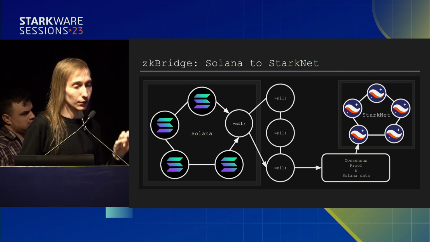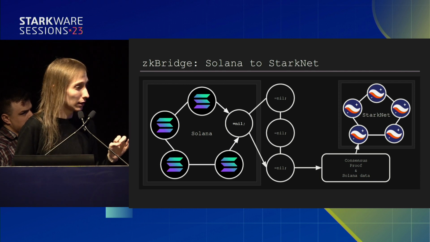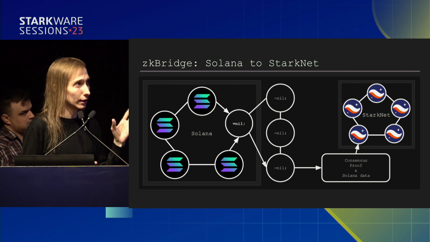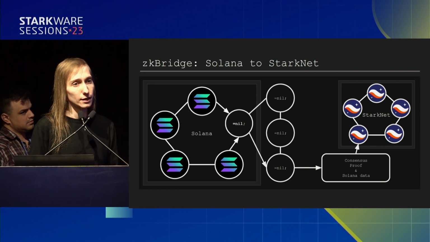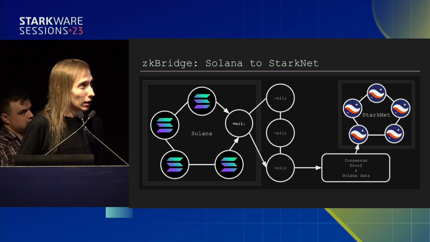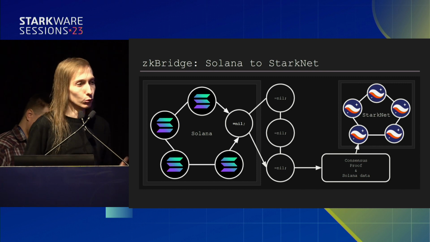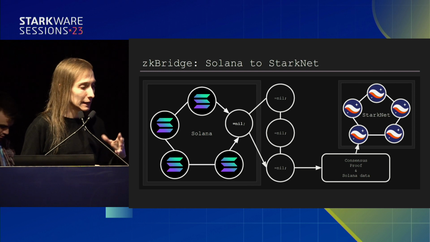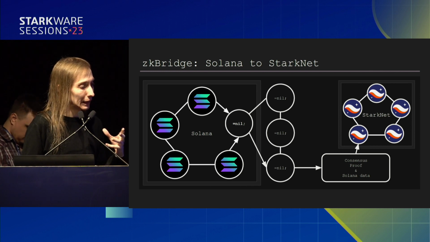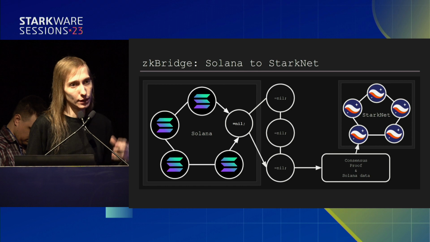The second thing is that defining consensus proofs in Cairo or in a custom language is often time consuming. It's a huge time to market, and sometimes the necessary cryptography primitives are missing. So it's easier to simply compile code which is already implemented in a mainstream language and prove it.